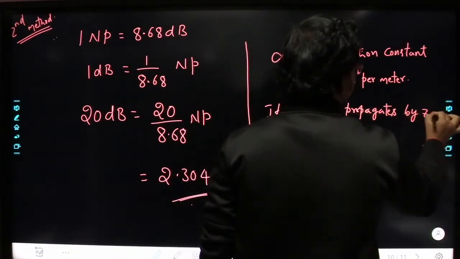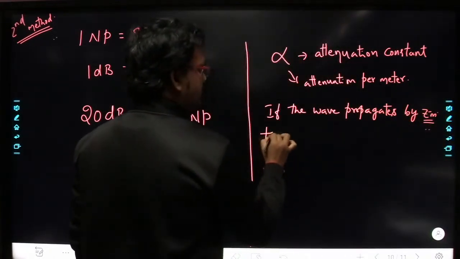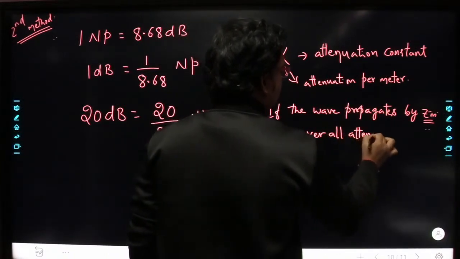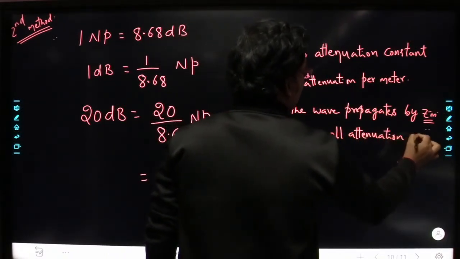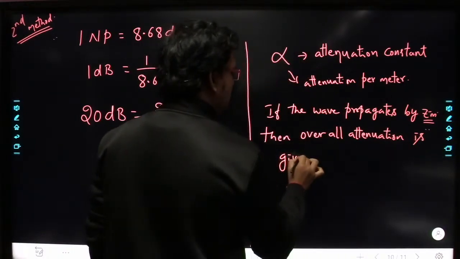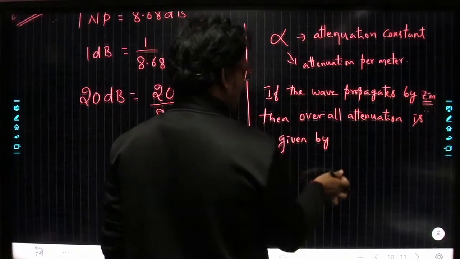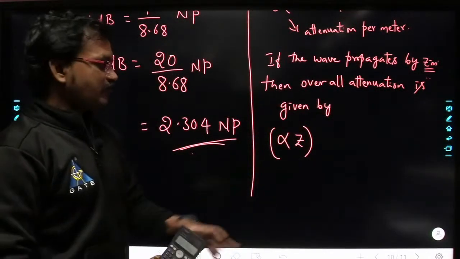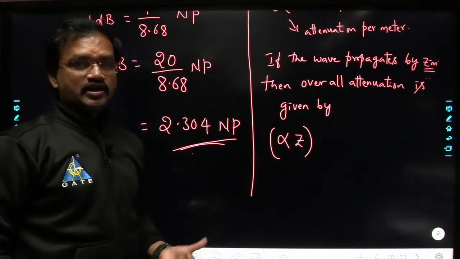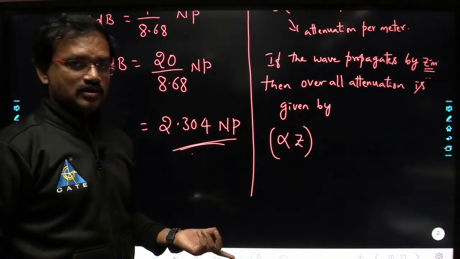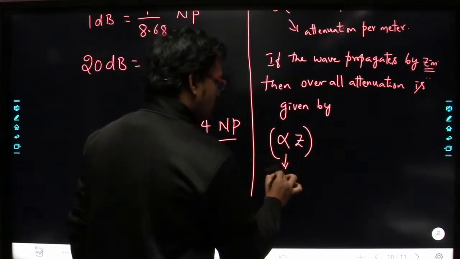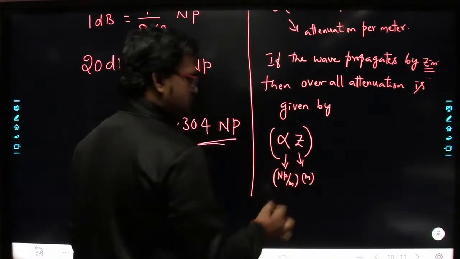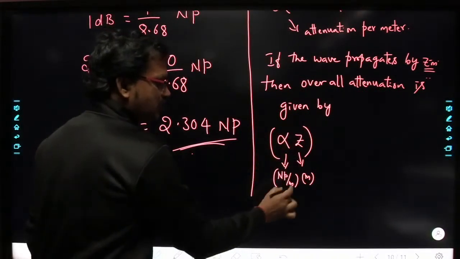If the wave propagates by z meters, then what is the overall attenuation? Alpha represents attenuation per meter, so the overall attenuation is given by alpha into z. Alpha into z represents the attenuation over z meters. The units of alpha are Nepper per meter and the units of z are meters, so the overall attenuation is in Nepper.